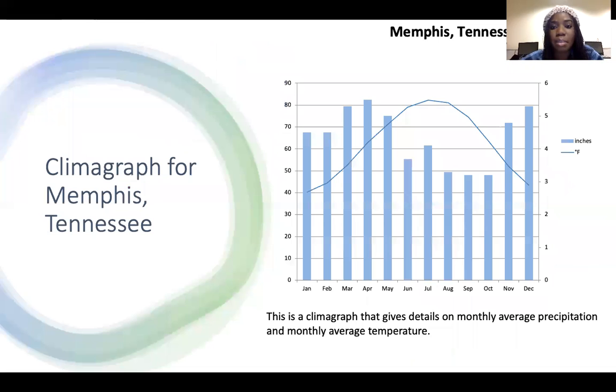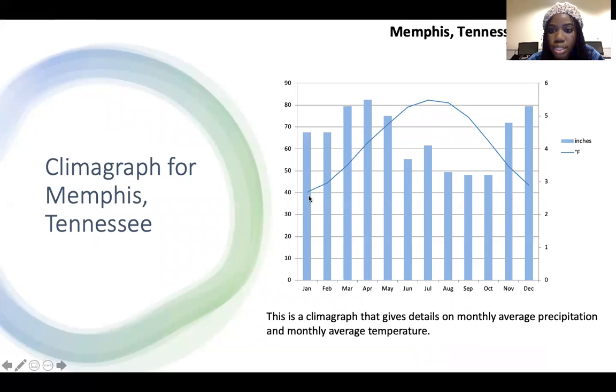So here's my climate graph, which shows the monthly temperature and precipitation in Memphis. This line right here is for temperature, in degrees Fahrenheit. So the highest temperature is recorded in July, and the highest amount of rainfall is produced in April.